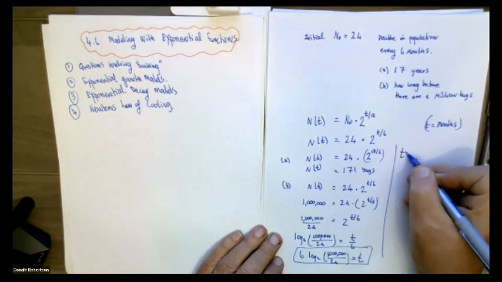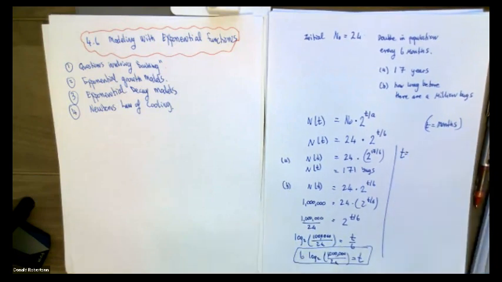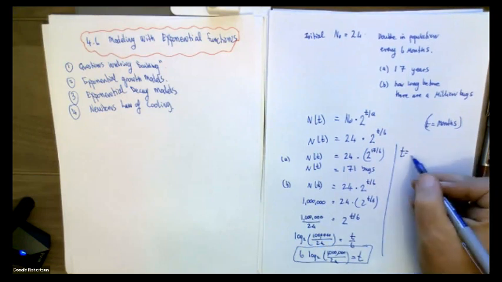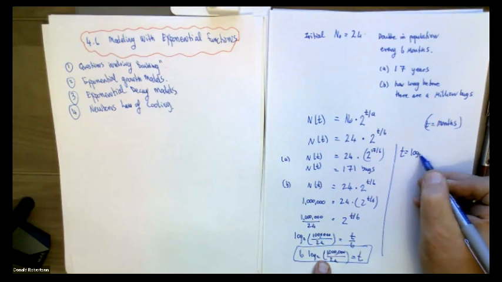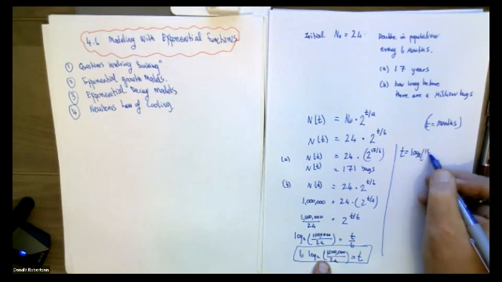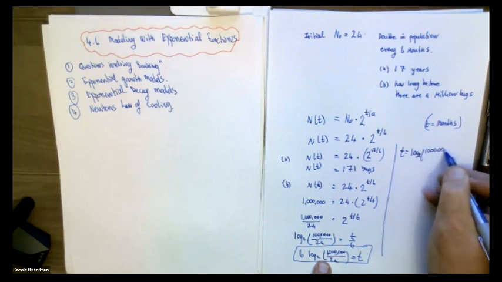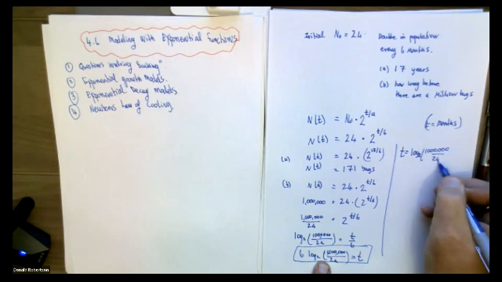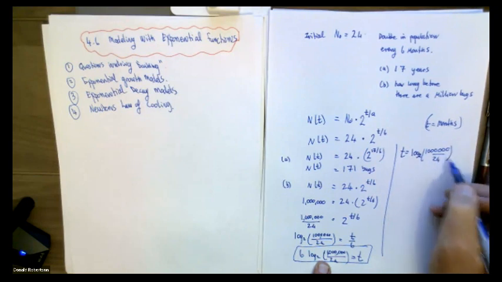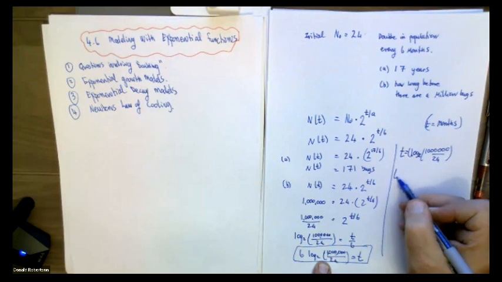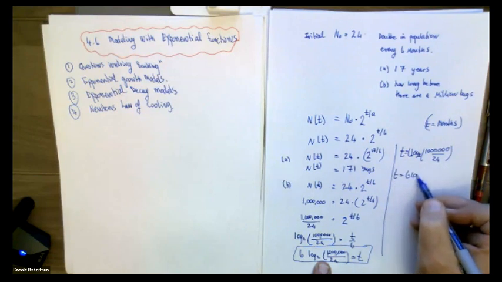Let's suppose I want to know what it is to the nearest whole number of months. Then to get the log to base 2 of any fraction, it's going to be log to base 2, let's say of 1,000,000 over 24. I'm going to do it now.